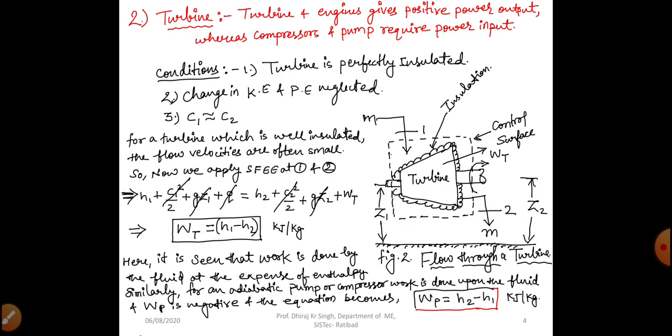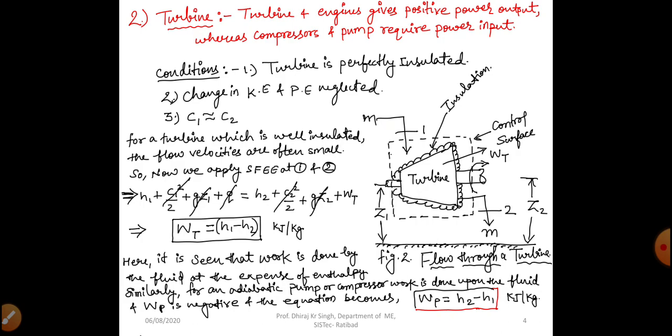So here we can see, students, there are also some basic conditions which we have to apply in turbine for finding out the turbine work expression. So first condition is turbine is perfectly insulated, right. So when turbine will be perfectly insulated, we can see here in the figure, then our net heat transfer will be 0. Now second condition is, change in kinetic energy and potential energy is neglected.